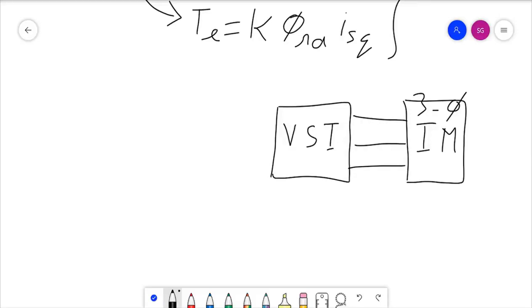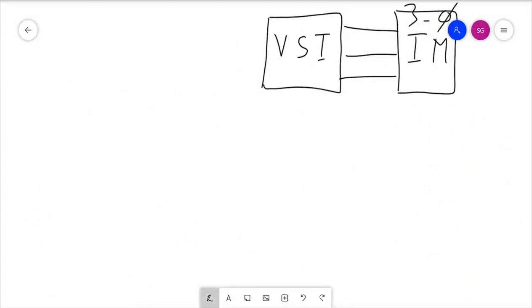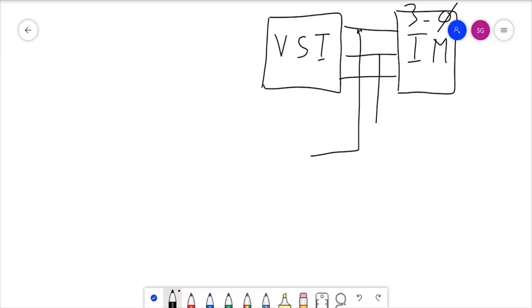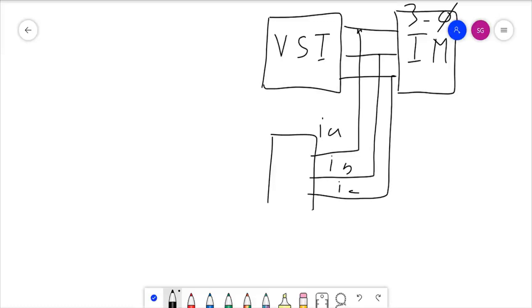We are going to sense all these currents. So these are IA, IB, IC quantities, and we will use Park's transformation to convert ABC to DQ. So this will give ID, and this will give you IQ.